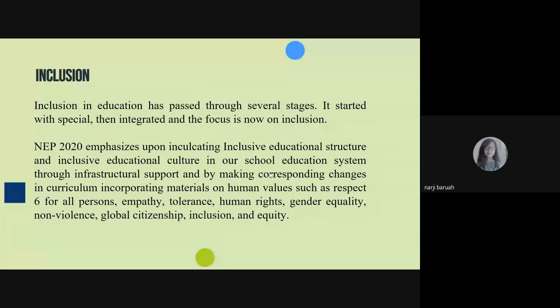It is through infrastructural support and by making corresponding changes in the curriculum and materials, such as respect for all persons, empathy, tolerance, human rights, gender equality, global citizenship. If we consider each and every domain of a student in a classroom, then we say that classroom is an inclusive classroom, and that is what NEP focuses on.